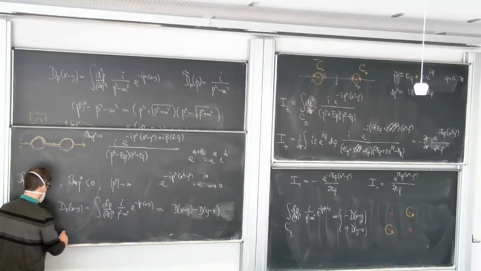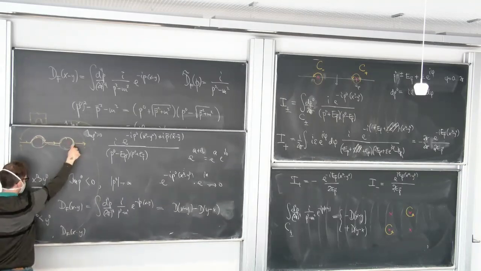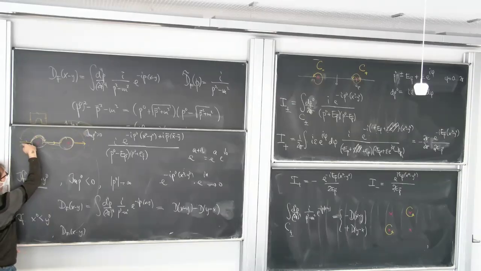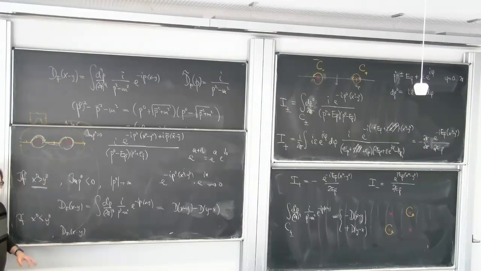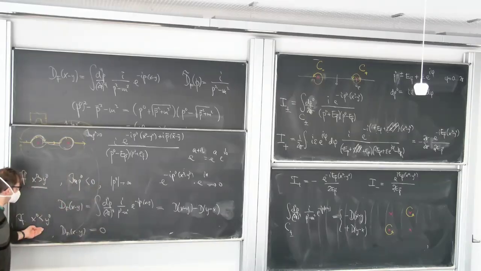So this integral, going above with this condition, is the same as going above and closing above. But then we have this region but there are no poles in there, so it's zero. So under this condition, it's zero.